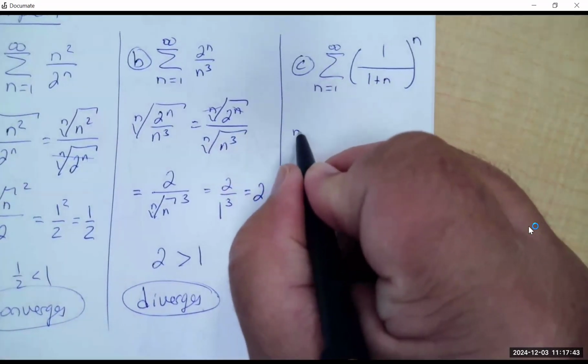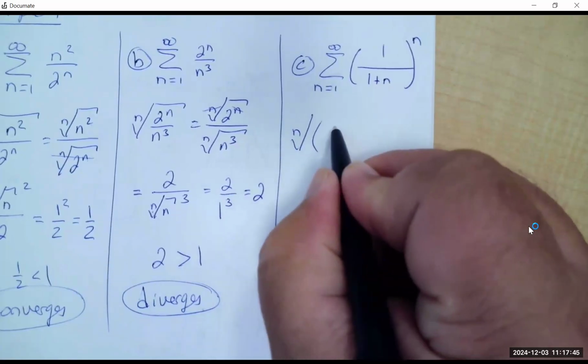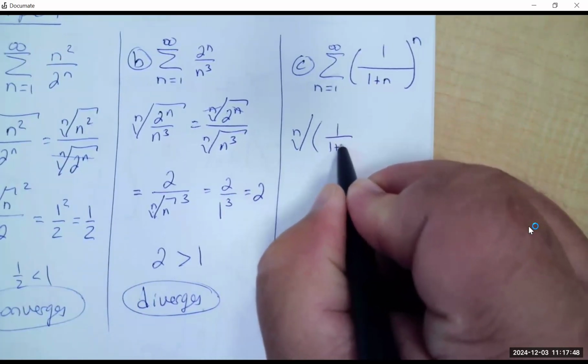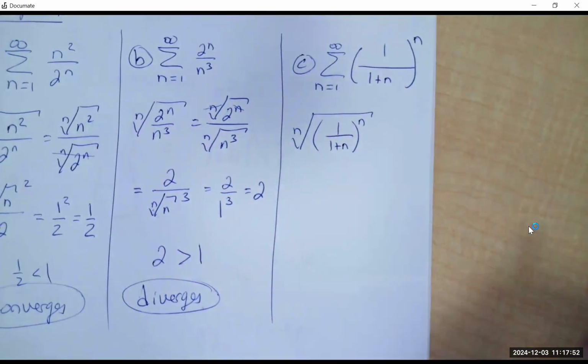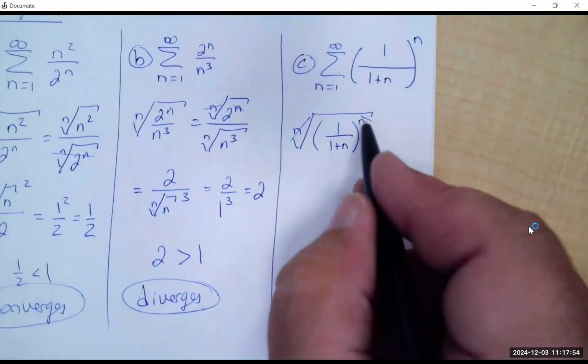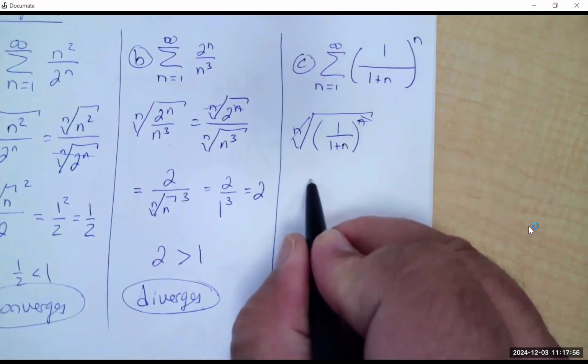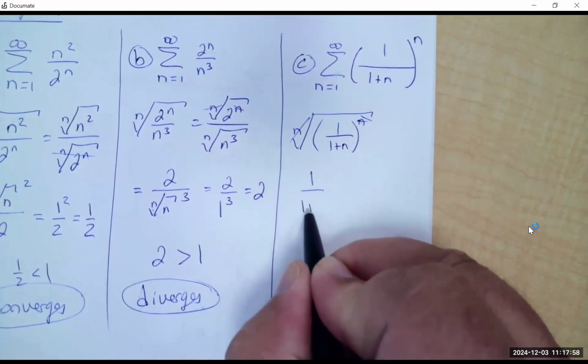And the last one, we have the nth root of 1 over (1 plus n) to the power n. The nth root and the n exponent cancel out, so we have 1 over 1 plus n.